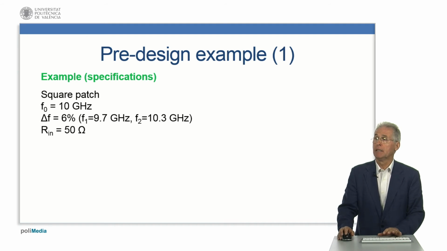This thickness is the standard thickness offered by the manufacturer, that is larger than the minimum thickness necessary to reach this 6% bandwidth.